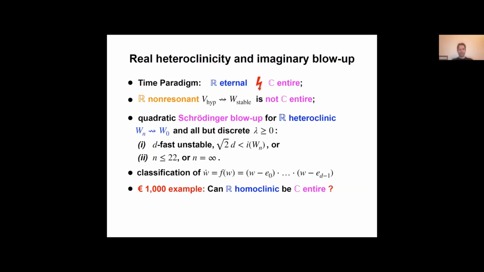And my question is, is this related to the ability, or can one see locally the ability to circumvent the blow-up or not, what you have shown by analyzing the global or the compactified equation?